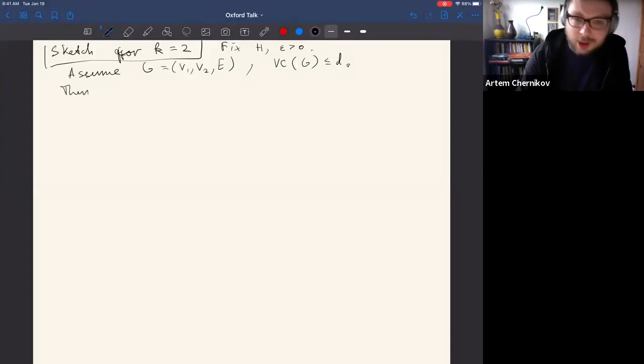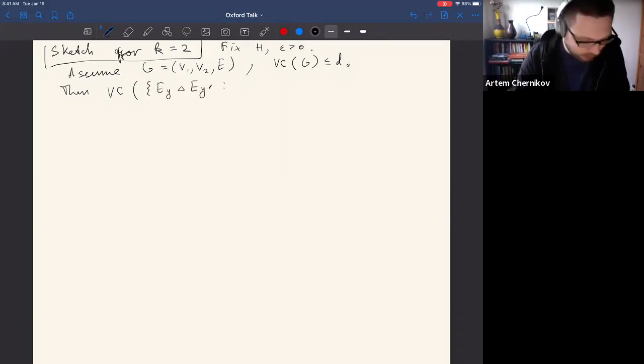Then by basic arguments in VC theory, we can also look not just at the family of fibers, but at the family of the symmetric differences of the fibers. So we can look at the family of all sets of the form E_Y symmetric difference E_Y prime. To be precise, this is a subset of V1, where Y and Y prime are arbitrary elements in V2.